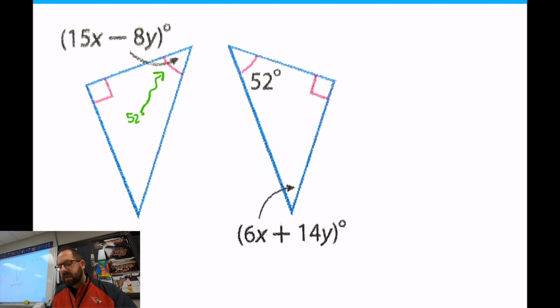What is that missing third angle going to be? 38. Yeah. It's going to be 38. Yep. This angle is going to be 38. Now, why? There's two ways to know this. Why is that 38? Why is that angle down there 38?